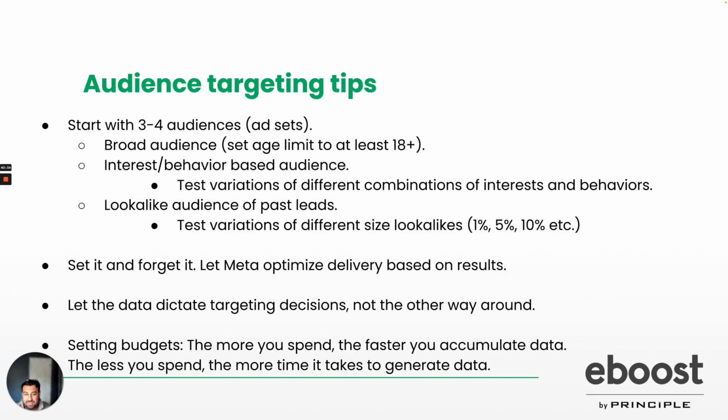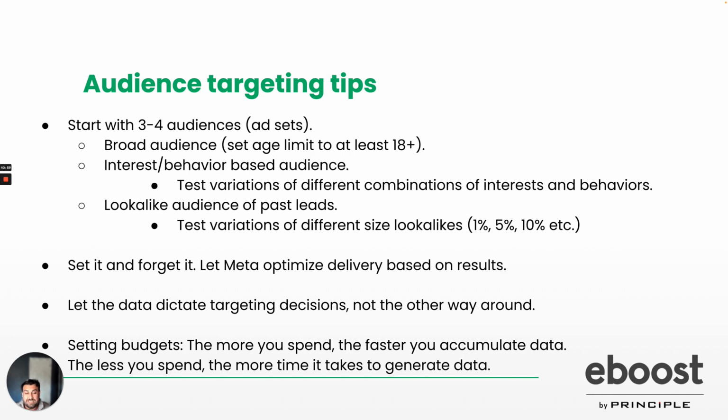Set it and forget it. Let Meta optimize delivery based on results. Don't go in there and make small changes, pausing this, launching this, duplicating this, moving this around. Try to go hands off for at least 7 to 10 days minimum, depending on your spend, obviously. But really try to let Meta deliver the ads as you've set them up based on your budget.